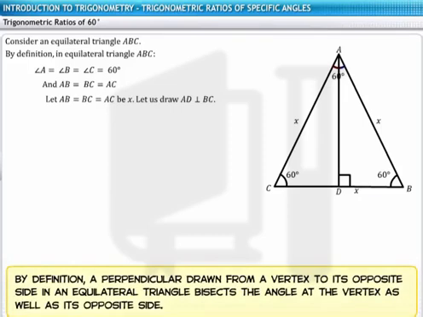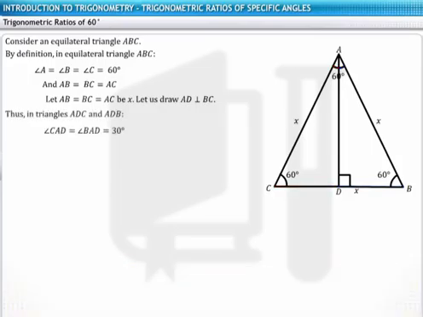Again, by definition, a perpendicular drawn from a vertex to its opposite side in an equilateral triangle bisects the angle at the vertex and its opposite side. Thus, AD divides angle A into two equal parts.